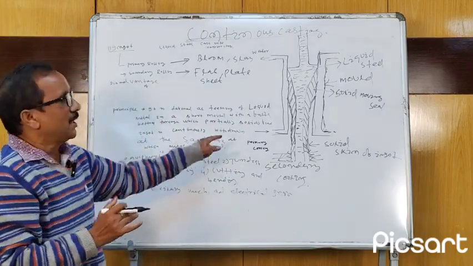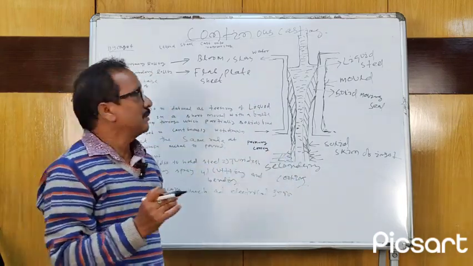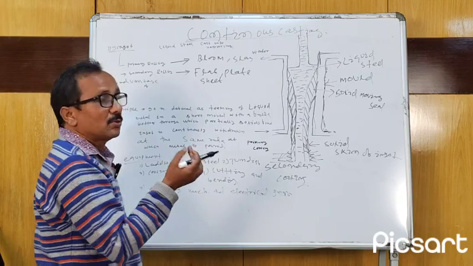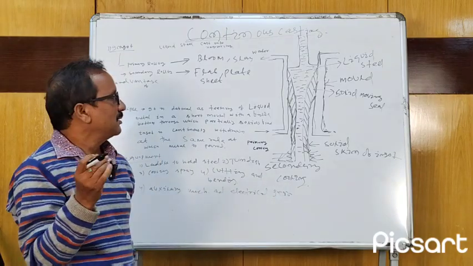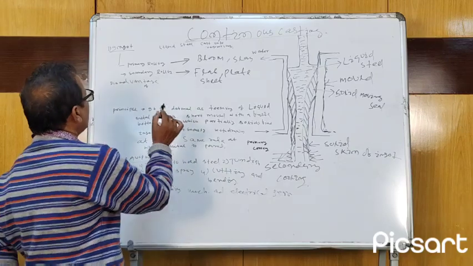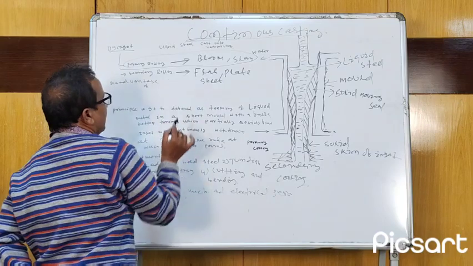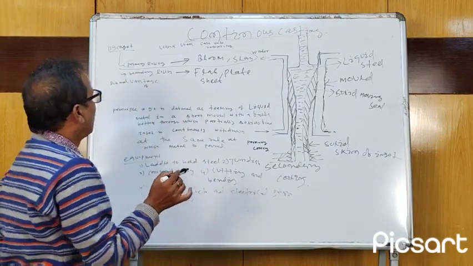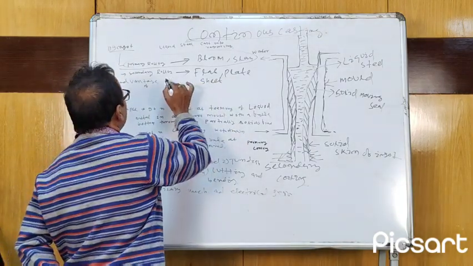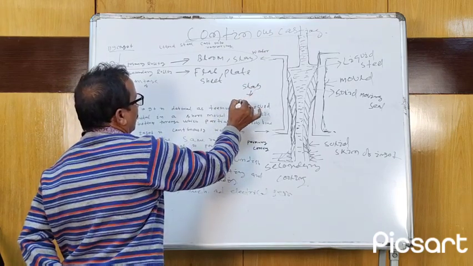But in continuous casting, we directly get the slabs. Directly we can go to the thin sections of the castings. So this is an advanced process. In this process, we are eliminating the primary rolling mills, and we directly get the slab and then the finished product.